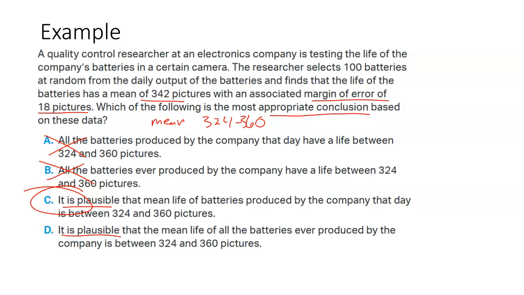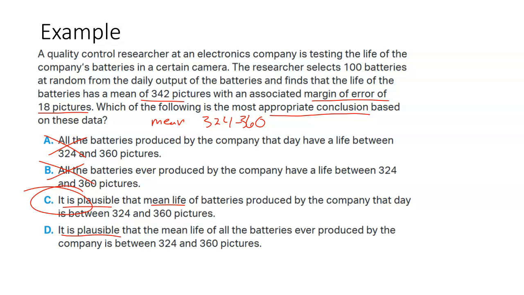Okay? But on specifically this given day, this is the only data we have, is on one day, those 100 batteries, so we can make a plausible conclusion that on that day, the mean of those batteries will be between 324 and 360, okay?